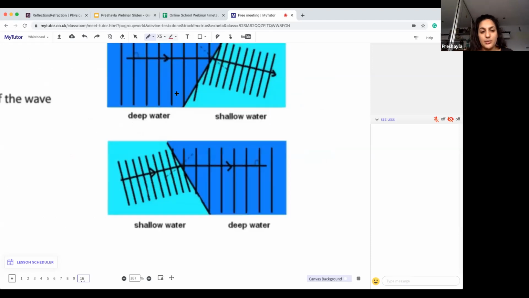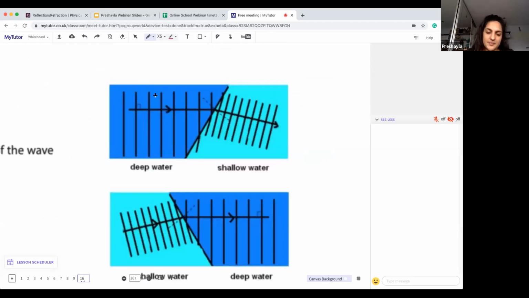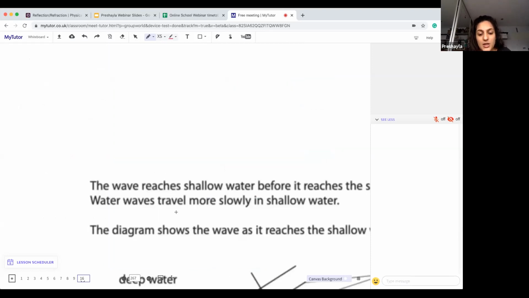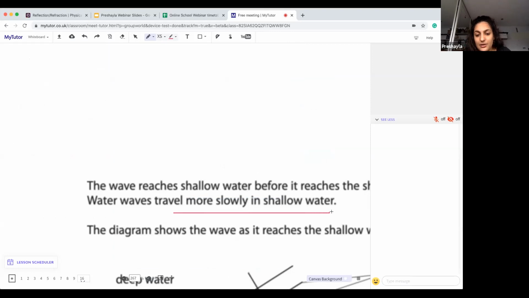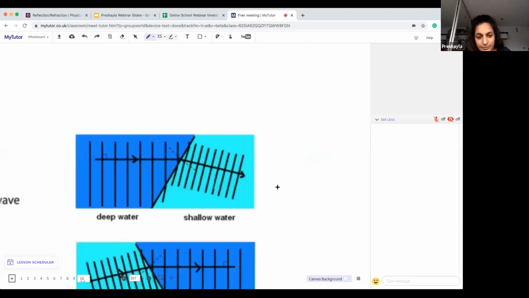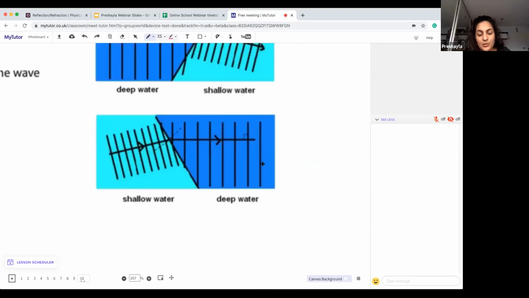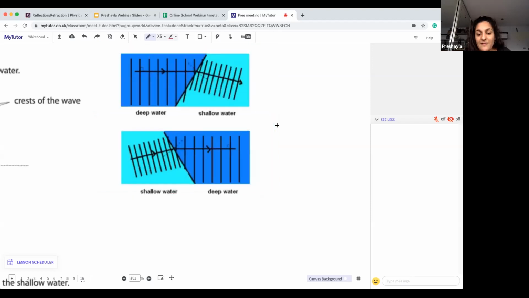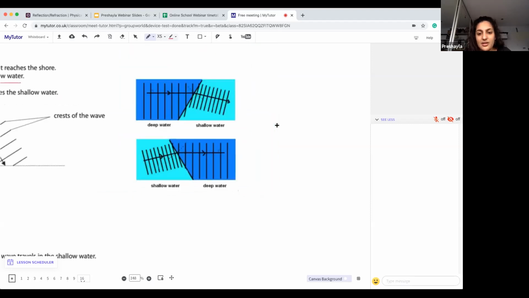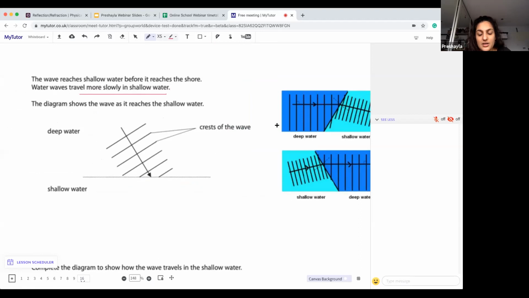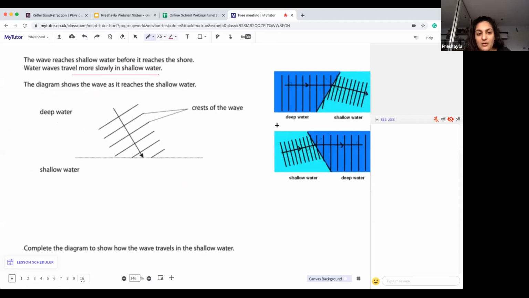In the deep water, we've got our wavefronts spaced apart, and then as it hits shallow water, they get closer together. And this is because water waves travel more slowly in shallow water. And vice versa, for shallow water to deep water, they get faster and therefore it refracts. So the water waves are refracting.